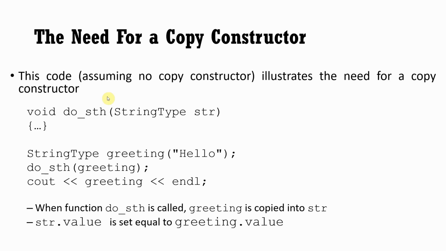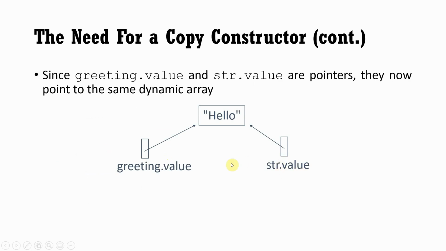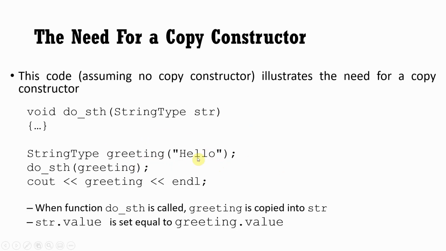Let's look at this one. Here we have an object called greeting. Let's say it has a pointer called value that points to a dynamic array. This part is done in a non-default constructor that we don't see.